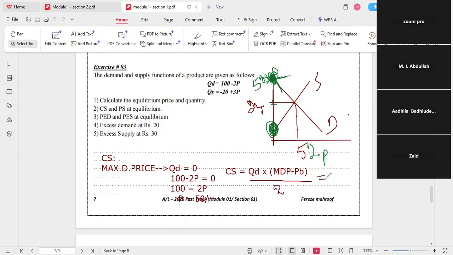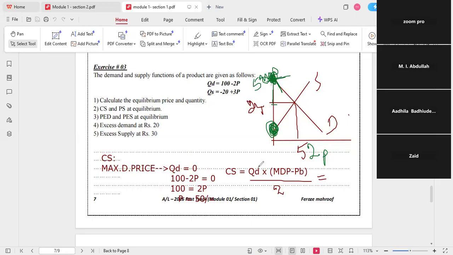Understood? Right. Maximum demand price: QD equals 0, 100 minus 2P is equal to 0, 100 is equal to 2P, price is 50. Now the consumer surplus equation: QD into maximum demand price minus buyer's price, over 2.